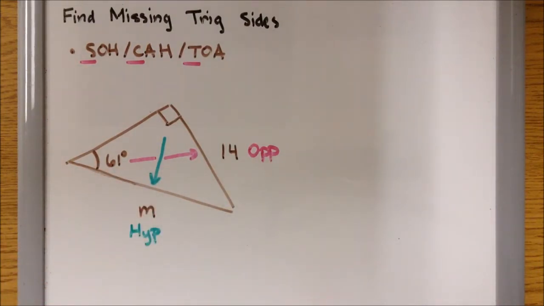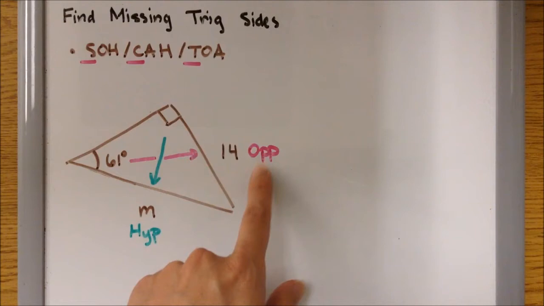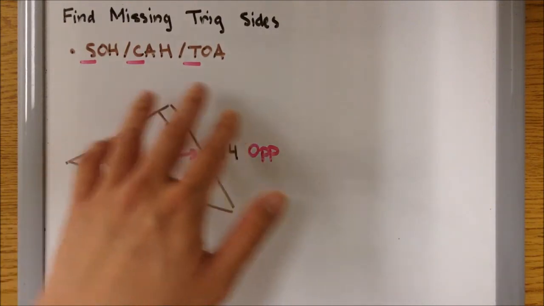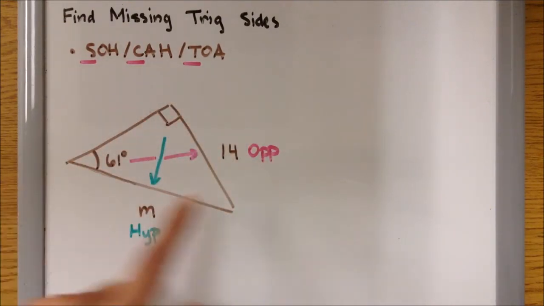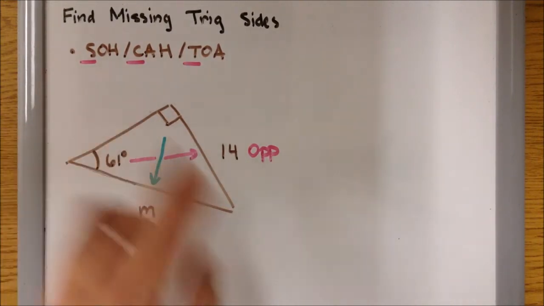So now we have to identify which trig function, sine, cosine, or tangent, uses opposite and hypotenuse. Looking at this, the only one that has O and H is sine. So we're going to set up sine.